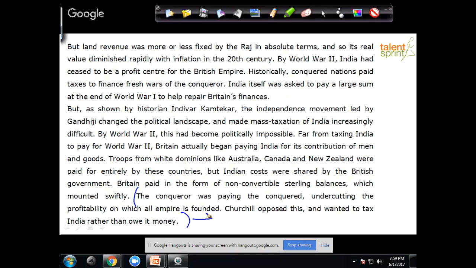So basically, the conqueror did not have enough money to continue expanding and holding on. Let's say we use Britain as the example with India. They're saying Britain could not bear the cost of expanding and building its empire in India. It lost control, it did not have sufficient funds.